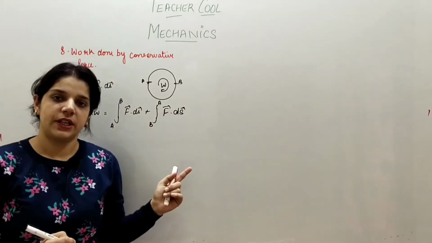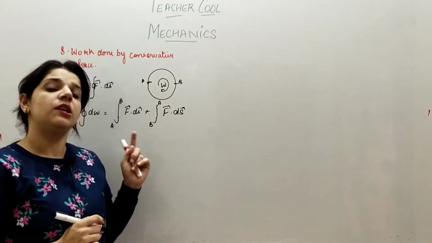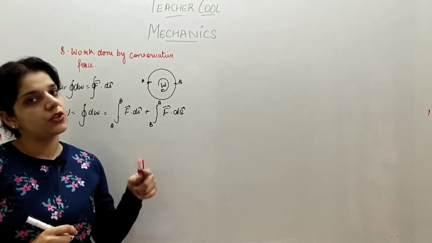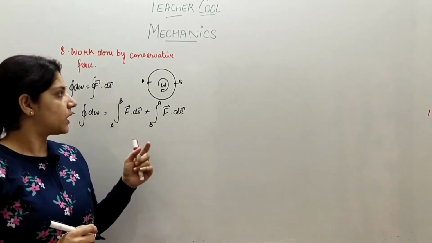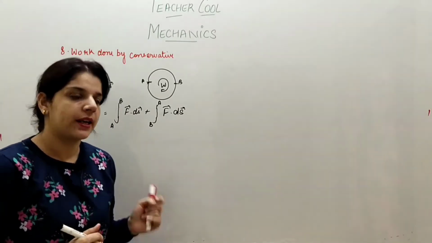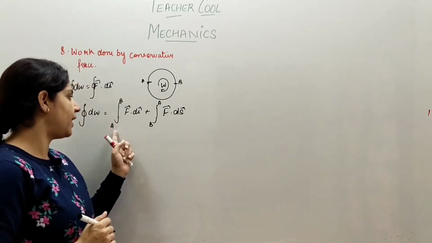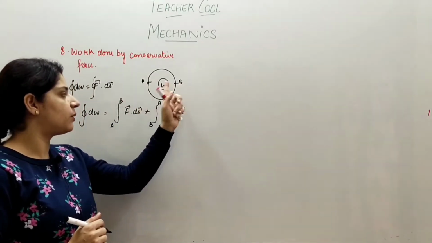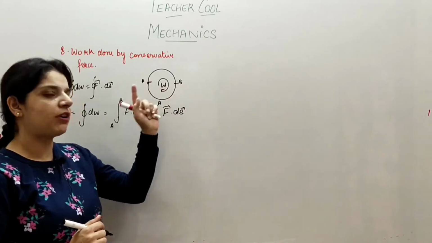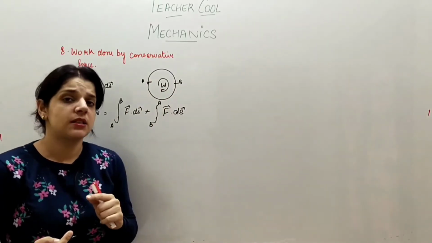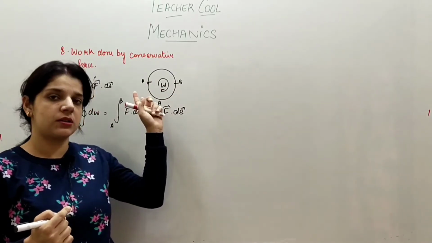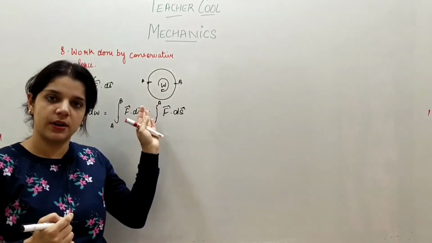Now this is a conservative force, so that means it will only depend upon the initial and the final point. There is no point of what is the part taken. So if you see A to B, initial point, final point. In this case, initial and final, it is exactly the same. There is no difference whether the system is going from here or here.